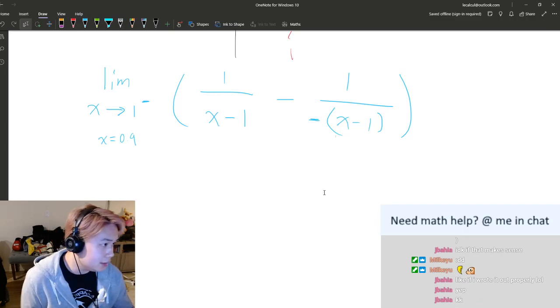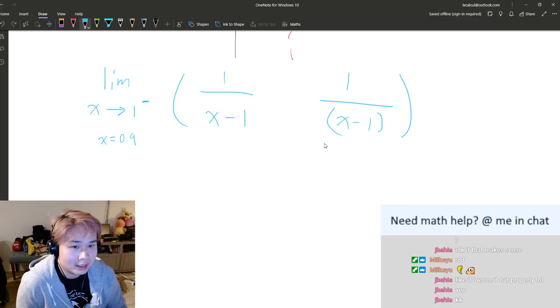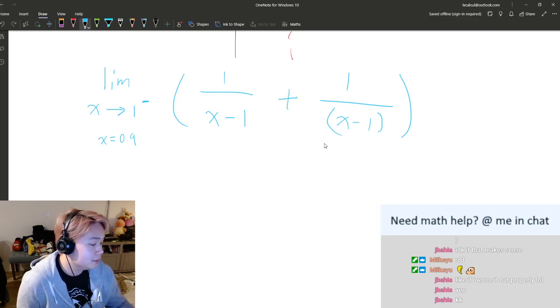And then we just need to do some simplifying. First off, because now there's a negative here and we're subtracting, well, you're subtracting a negative, so we can just write this as a plus.